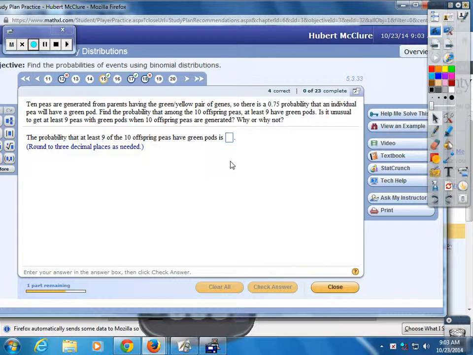But you got to do something with those 2. Think about at least 9. What is at least 9? Greater than or equal to 9. Yeah. You should add them. So get those 2 together and figure out what you're going to do.